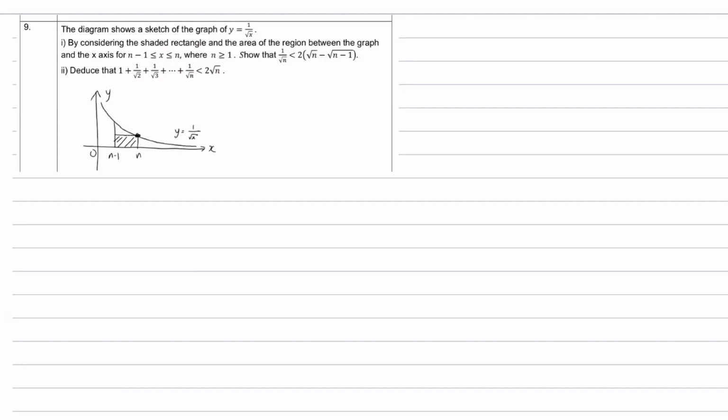You see, what are you trying to show here? There's an inequality. So whenever there's an inequality, you need to use the diagram to get an inequality.